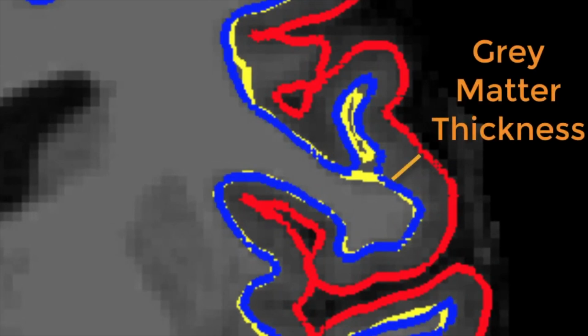This is called the orig surface. It then makes a second, more refined guess about the white matter boundary. This is called the white surface. Once this boundary is established, recon-all expands outward to the outer boundary of the gray matter. This is called the pial surface. The distance from the white surface to the pial surface is the gray matter thickness.